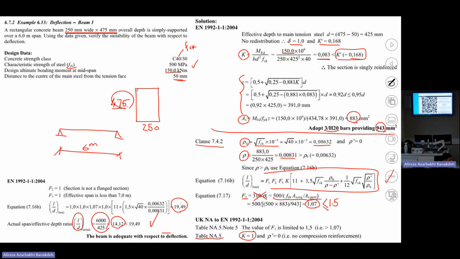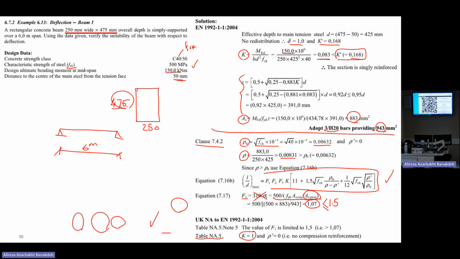If you increase this one a little bit, instead of 3H20 use 4H18 to get 1,000 instead of 900. You will increase F1 a little bit, and this one. So you will be fine. That's something you can discuss.